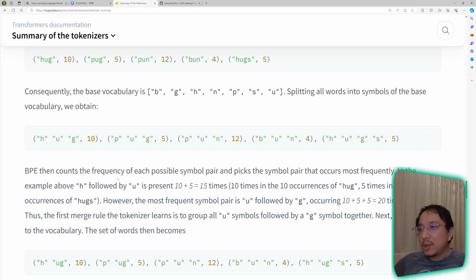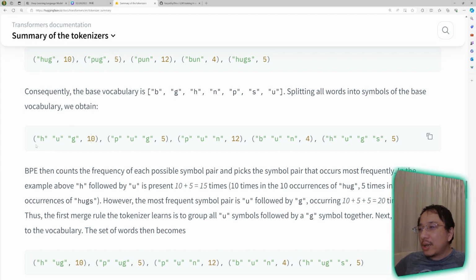Then we count the frequency of the appearance of each pair of tokens. For example, here we have HU. In this word, it appears 10 times.